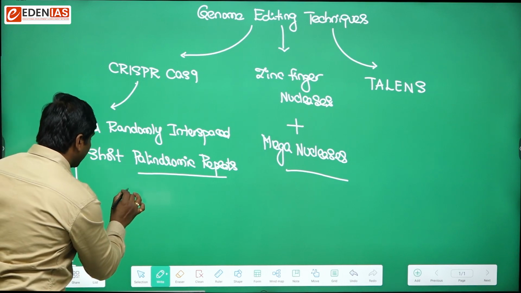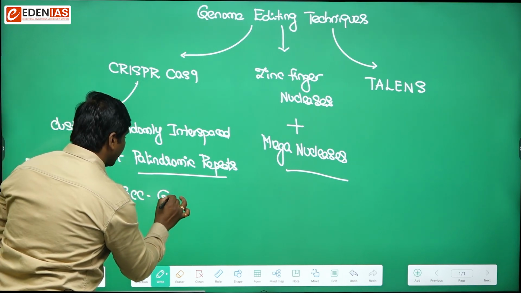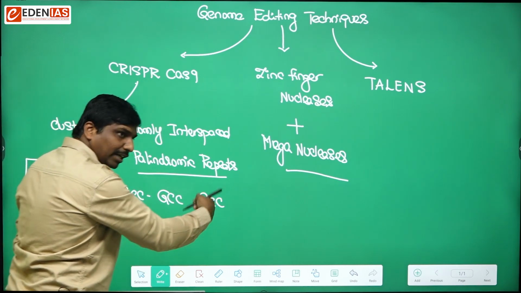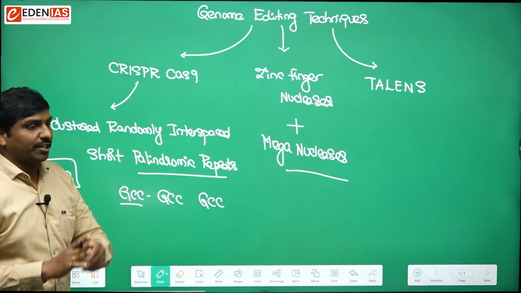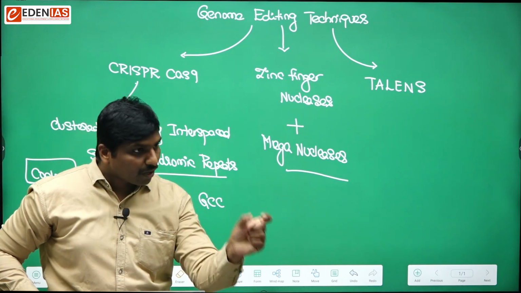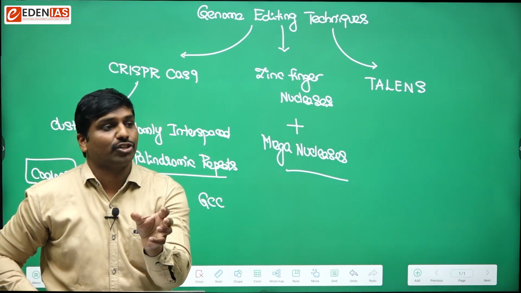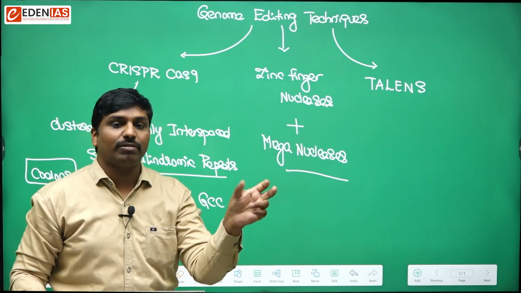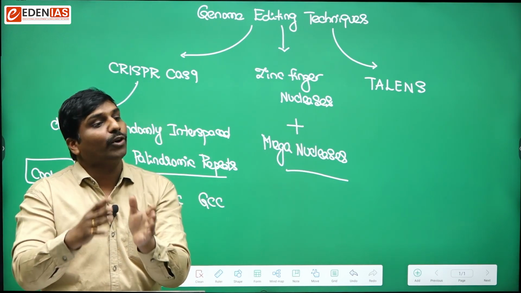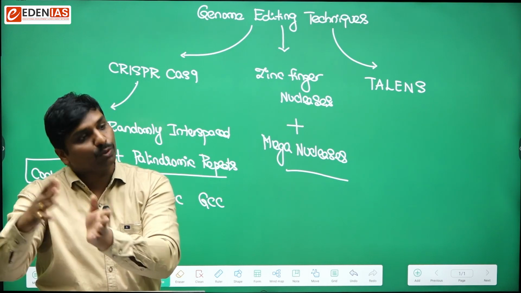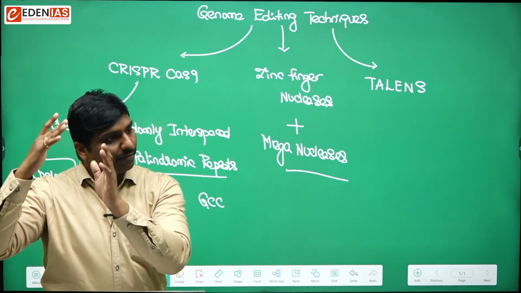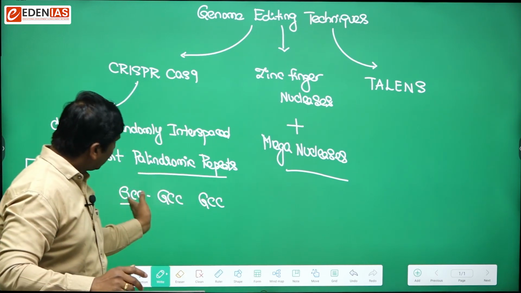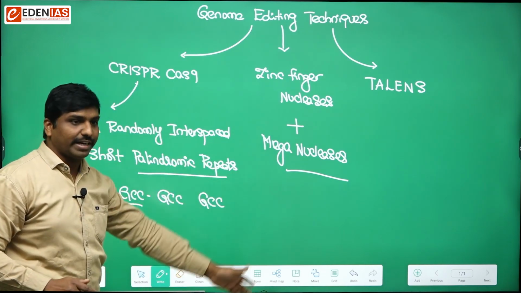Let's say for example GCC, GCC, GCC. Can you see this codon is getting repeated? Such repetitions can be short, medium, or long. Short means basically 1 to 10, medium means around 10 to 100, and long means around 100 to 1000. That can be the frequency with which they are repeated in the genetic composition.